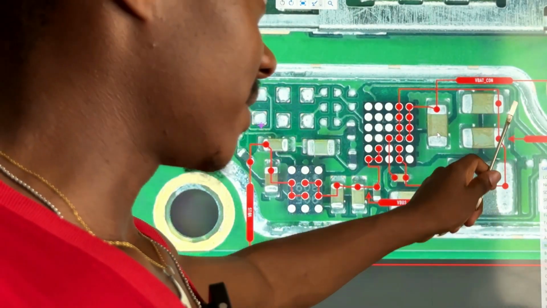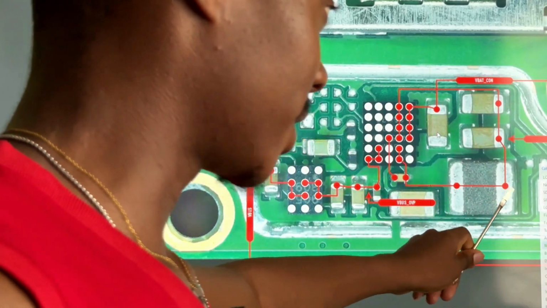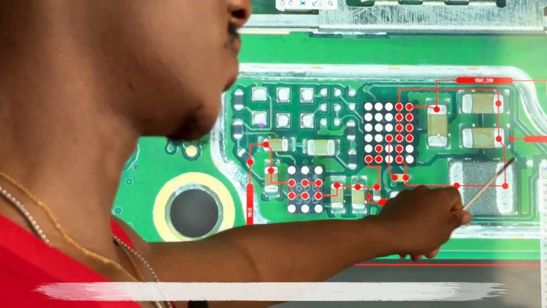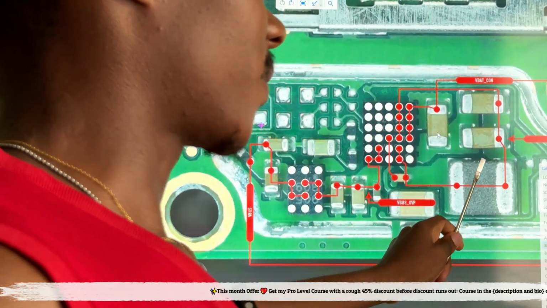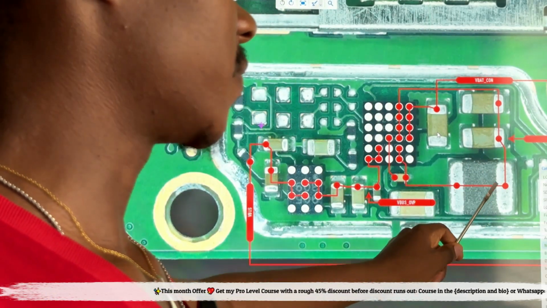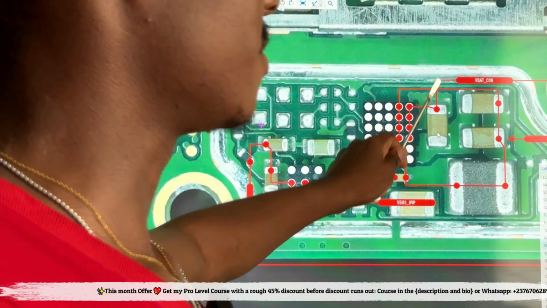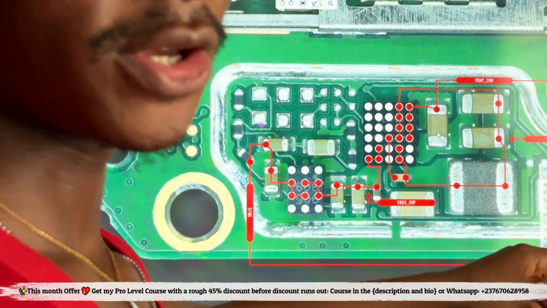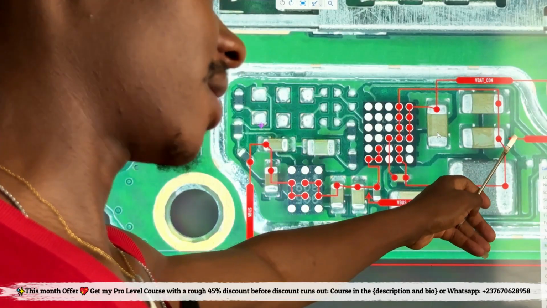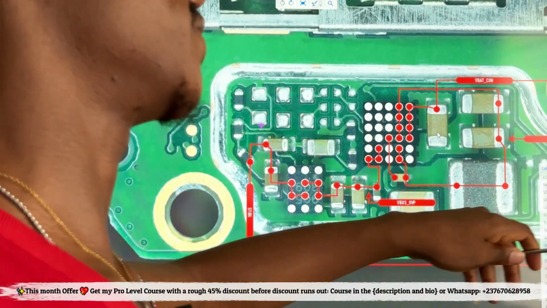But just keep in mind that with this output right here, you will always see this coil, which is known as the VPH coil. You will always see it. This coil right here is the output voltage of the VBAT line, which is converted from the VBAT to the VPH, but known as the VBAT. Right here, you can call it the secondary VBAT.